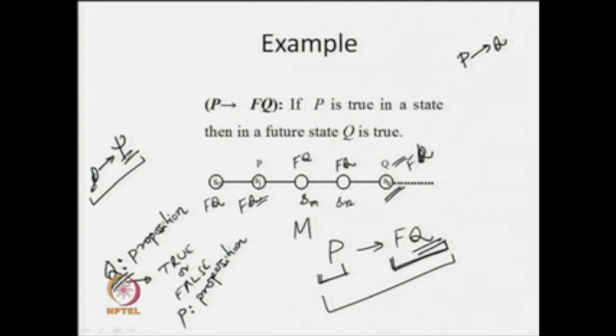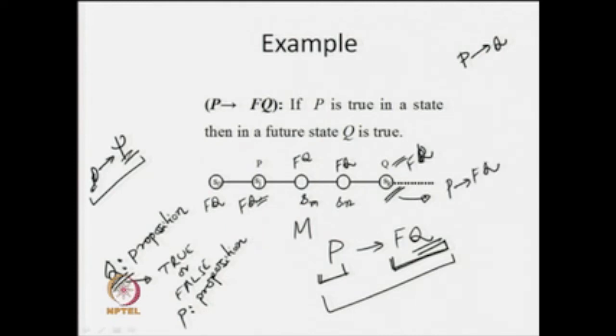So, here if you look into this particular model, F q holds. P is not true over here, but if P is false and Q is true, then also you are going to say that P implies Q is true. So, basically you can say that in S k your P implies F q is true.